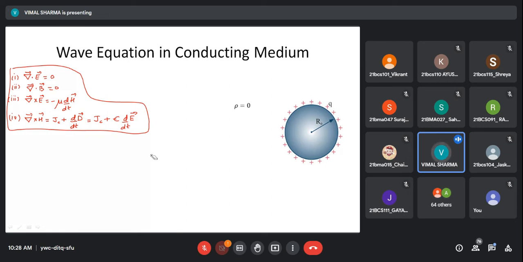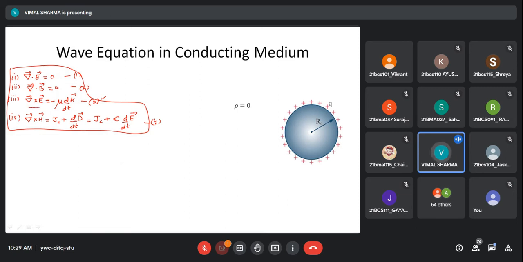Then we'll see what conclusion we can draw from that difference. I started with the same steps which were followed earlier. I take curl of equation number 3 to write the wave equation for the E component of the electromagnetic wave. This is how we started in case of vacuum as well.